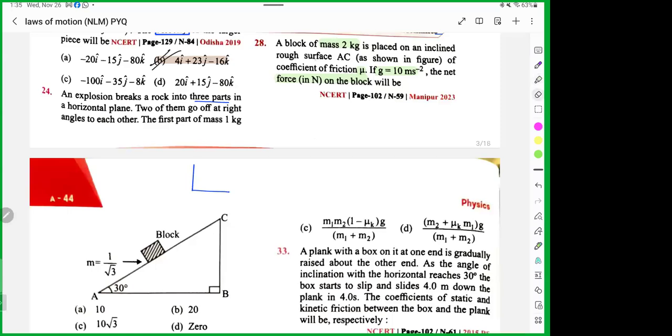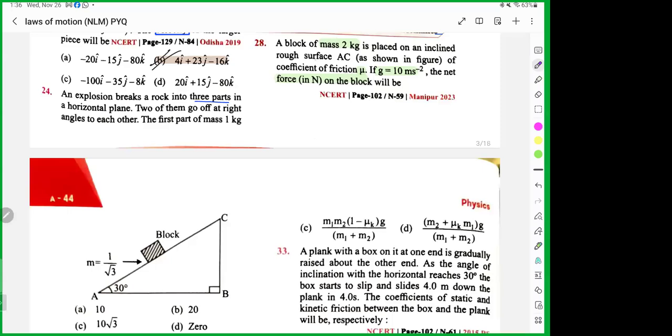ये कैसे करना? Sir, the net force acting on the block will be 0, sir. Why? Sir, because if we look at the diagram, from both the sides, to find F net, we'll take sin theta and cos theta.